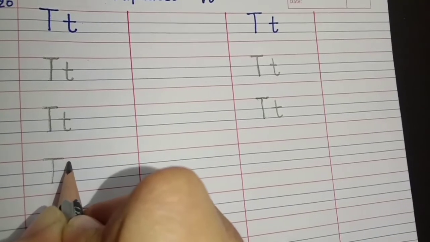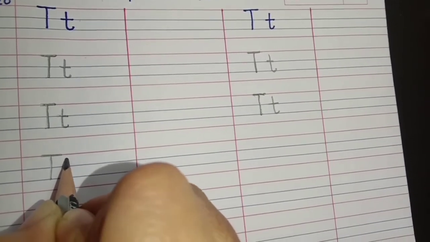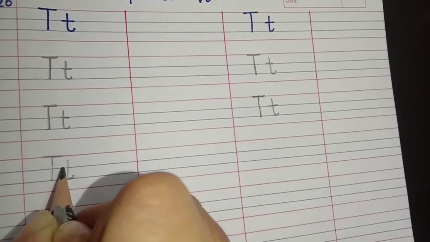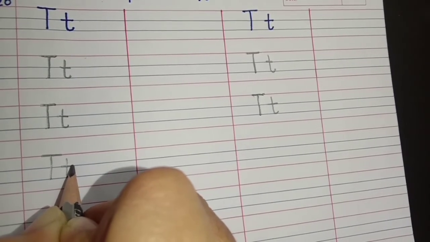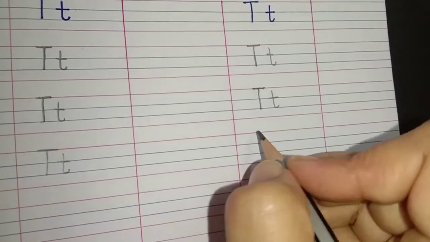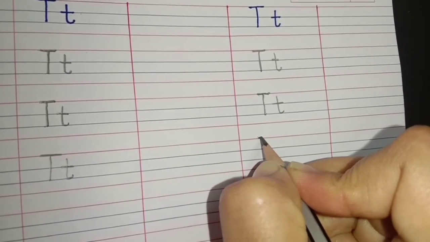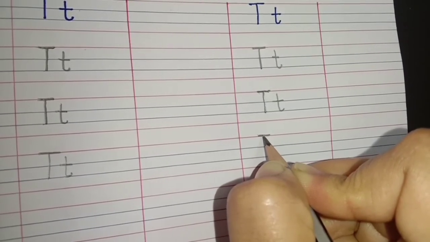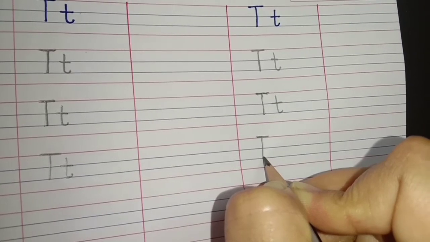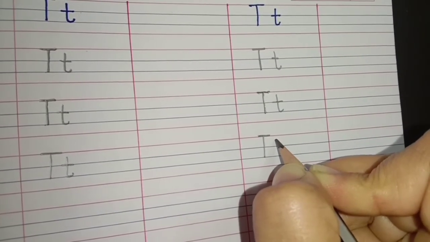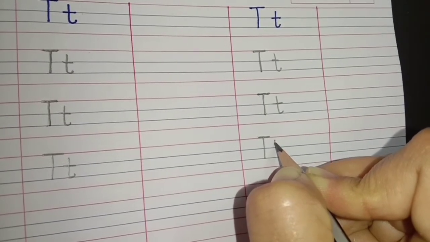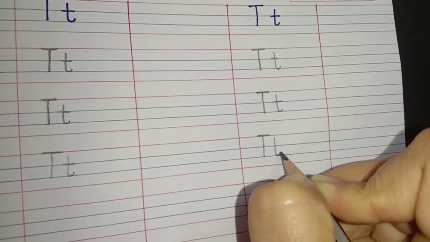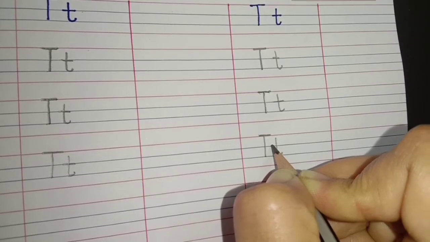For small t, leave some space, make a standing line till the second blue line, make a curve on the second blue line and make a slipping line on the first blue line.